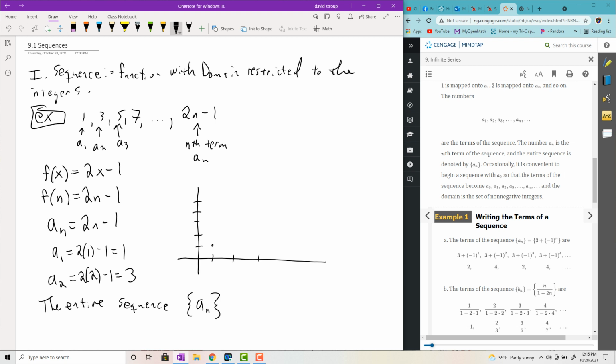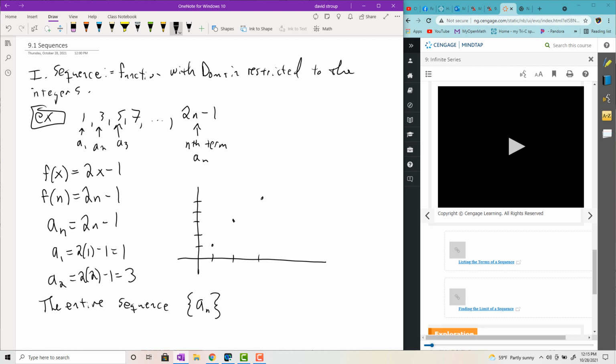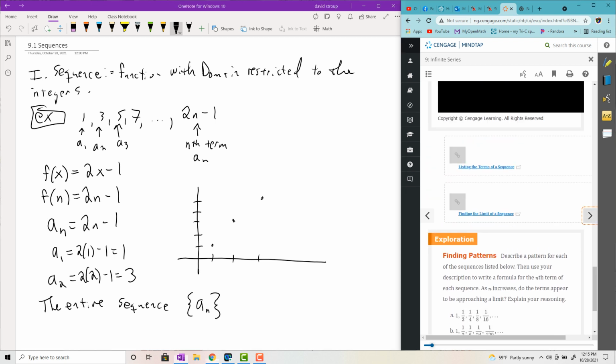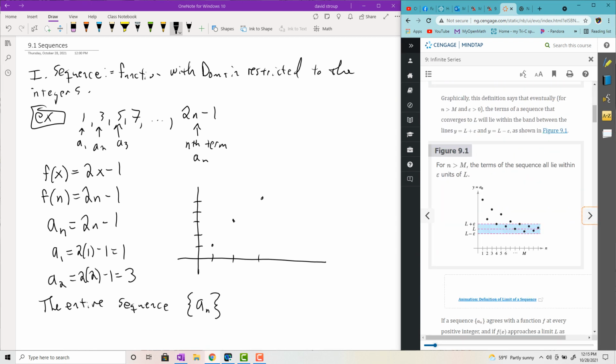When you plug 2, you get 3. And you plug 3, you get 5. So when you plot a sequence, you just get a whole bunch of dots. You'll see pictures of sequences plotted here, figure 9.1, plotting some of the points in the sequence.